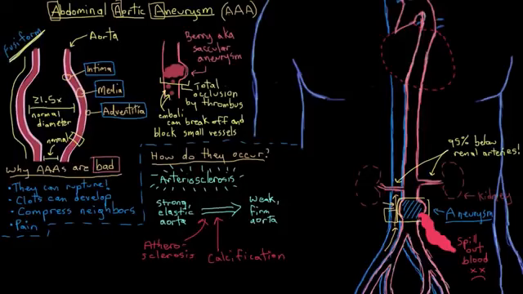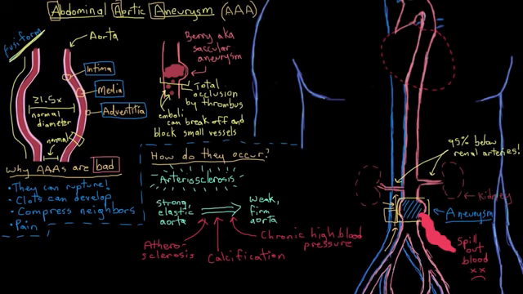Chronically elevated blood pressure, chronically high blood pressure, that can cause the artery to undergo arteriosclerosis as well, because that chronically high blood pressure causes a thickening of the media layer. So these three things are major players in the development of arteriosclerosis, which then predisposes you to development of aneurysms.